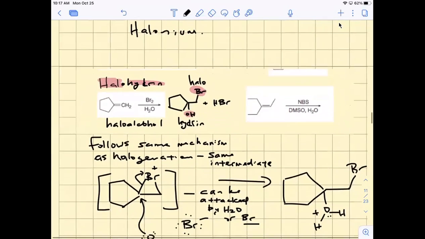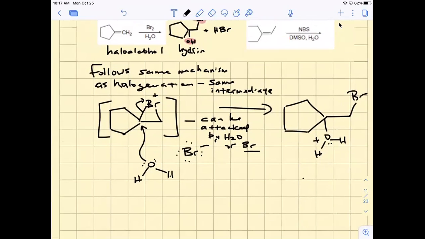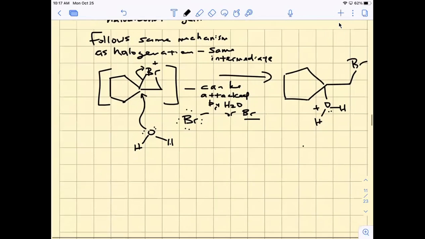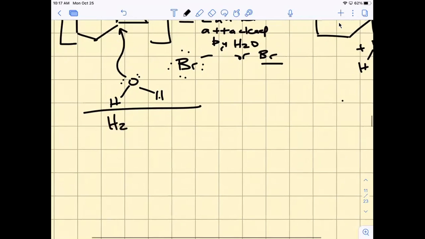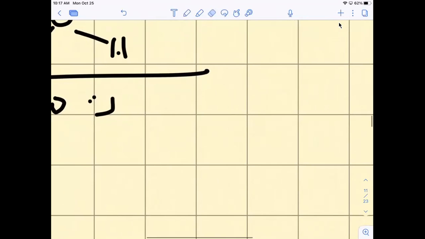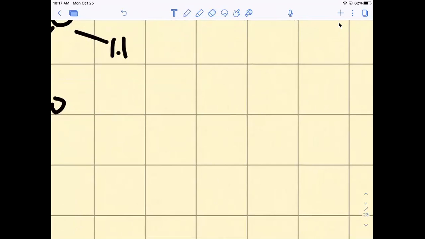That part is identical. The only difference is when that intermediate, bromonium in this case, gets attacked by a different nucleophile other than bromine. Otherwise, this would just be a bromination, right? Or halogenation. But since water is more prevalent, right, there's more of it because it's actually serving as the solvent too, it's going to win out as the nucleophile.